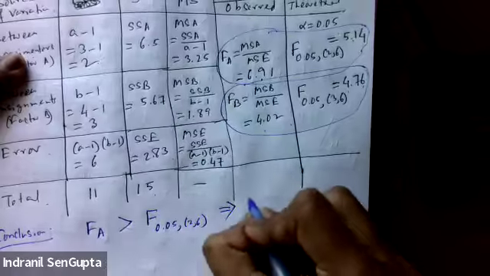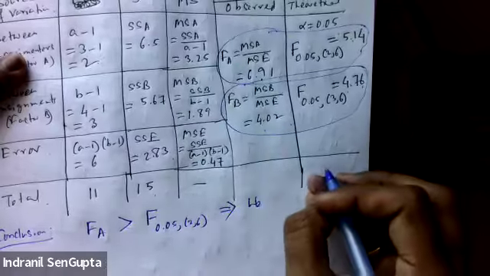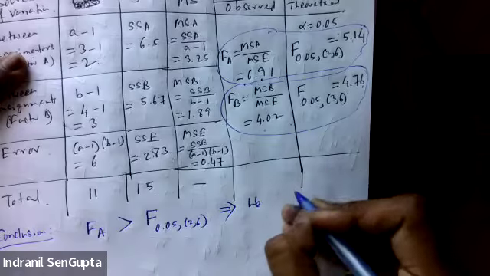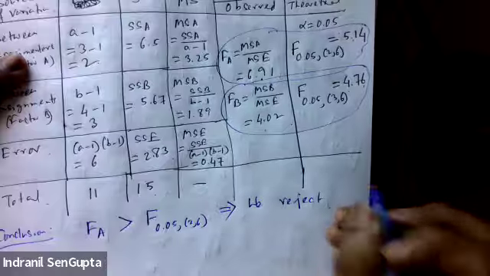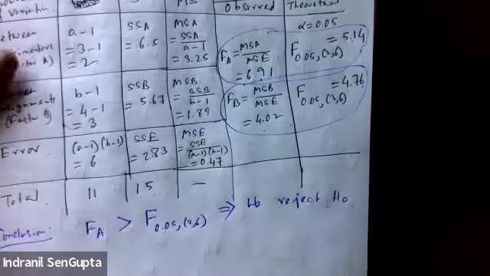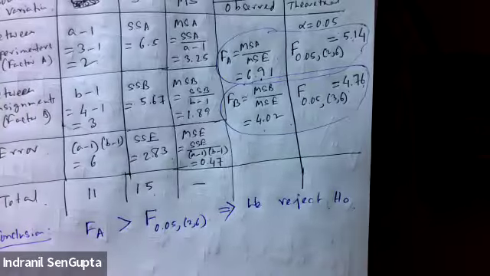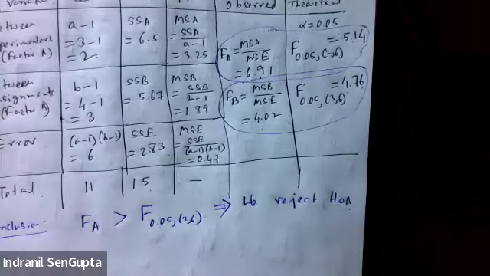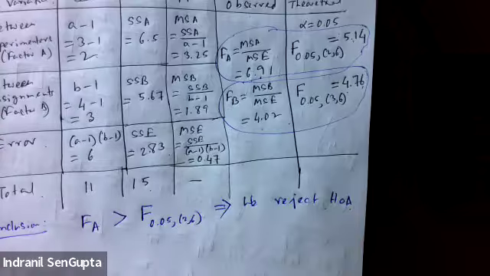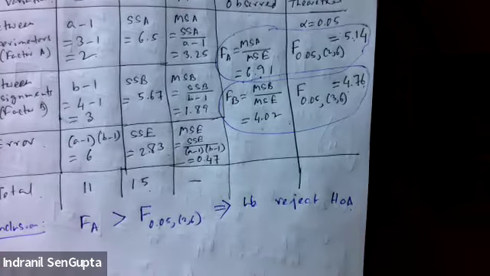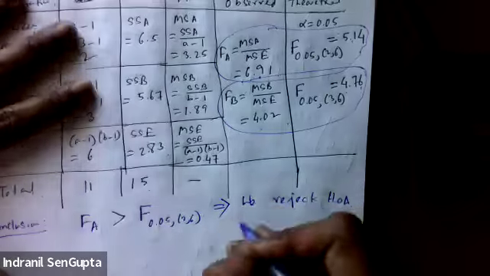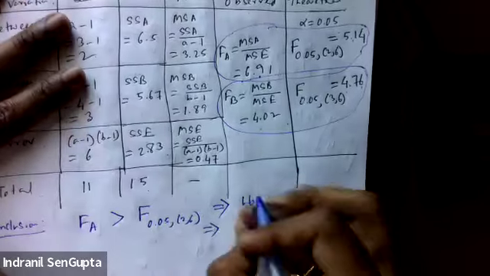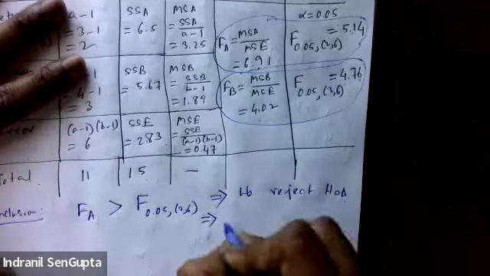That means we reject the H0, which was H0A. Therefore, we conclude that the mean moisture content as determined by the three different experimenters is not equal.